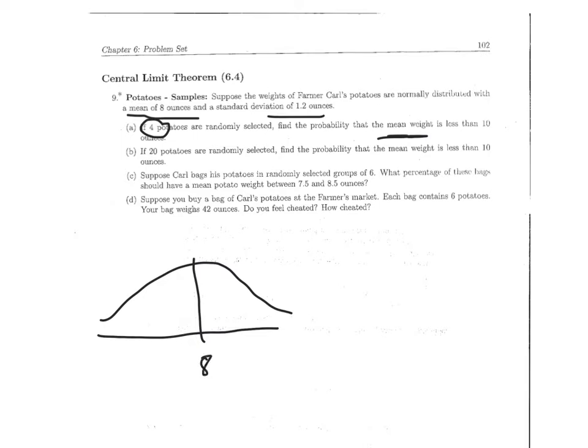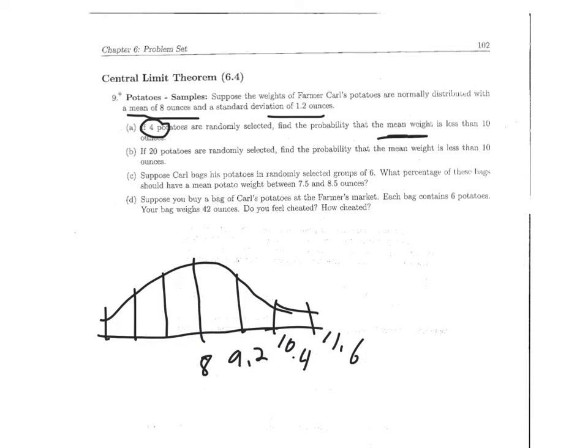So if we were just doing this pretending it was a single potato, the mean was 8 ounces and the standard deviation is 1.2. If I add 3 lines on both sides, remember I'm going to add 1.2: that's 9.2, 10.4, and 11.6.